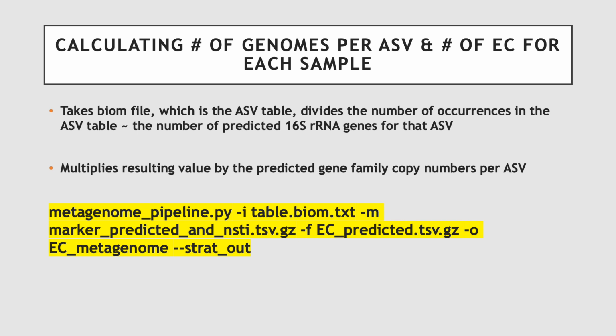And it multiplies the resulting value by the predicted gene family copy numbers per ASV. And I have some calculations so that I can better explain what's going on in this command.